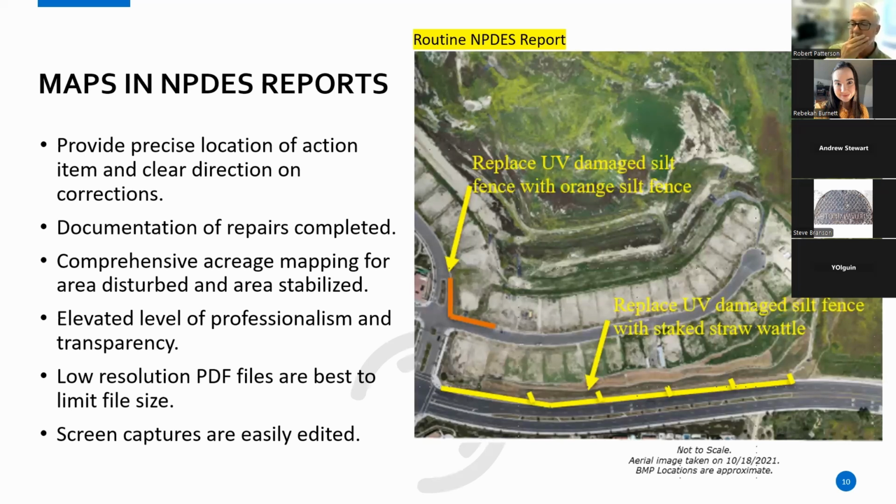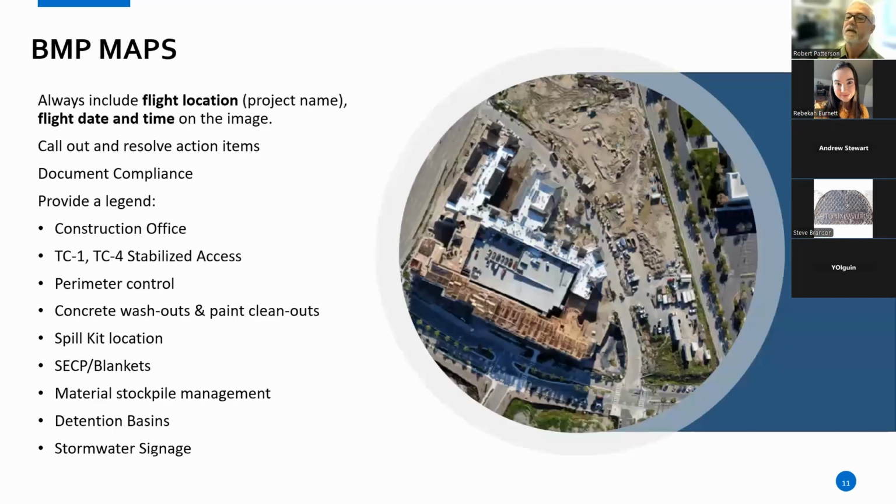A picture's worth 1,000 words, and oftentimes we find that just getting a photo in there communicates to many different levels of field associates. Everybody kind of gets it. Screen captures are so easily edited. Typically, when we do these, we always want to have the date the image was taken, and some disclaimers in there when we use BMP drone maps.